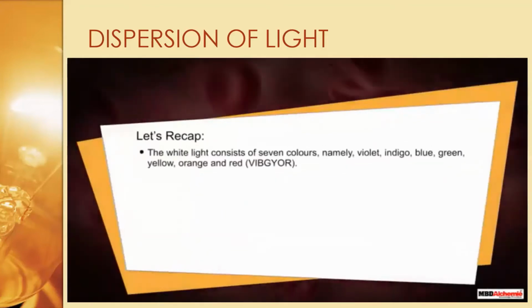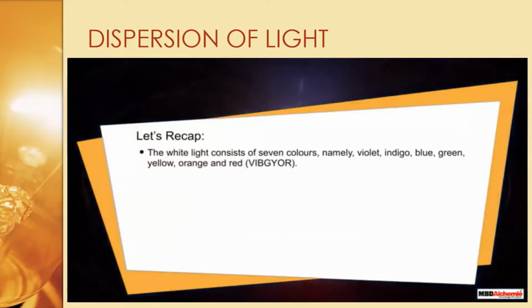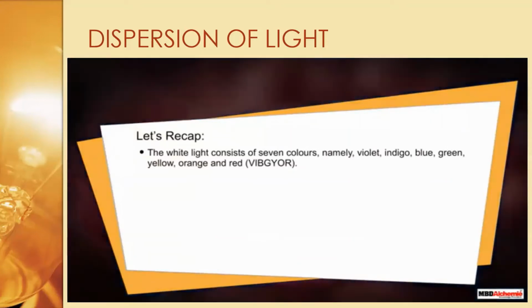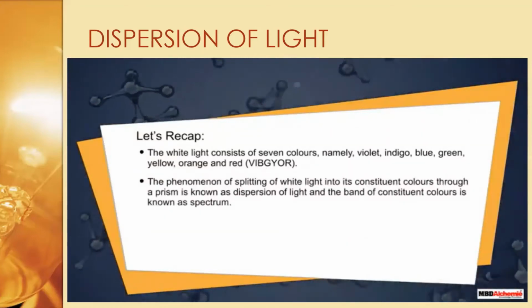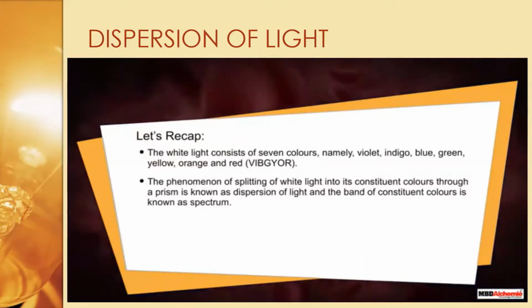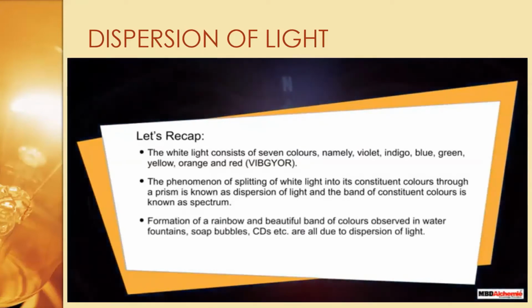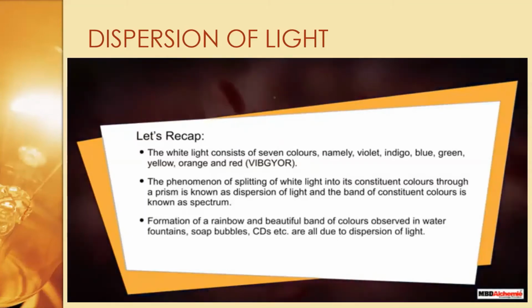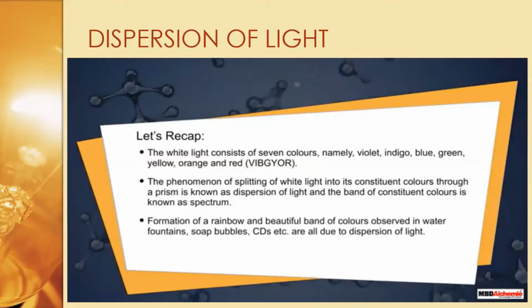Let's recap. The white light consists of 7 colors, namely violet, indigo, blue, green, yellow, orange, and red, vibgyor. The phenomenon of splitting of white light into its constituent colors through a prism is known as dispersion of light, and the band of constituent colors is known as spectrum. Formation of a rainbow and beautiful band of colors observed in water fountains, soap bubbles, CDs, etc. are all due to dispersion of light.